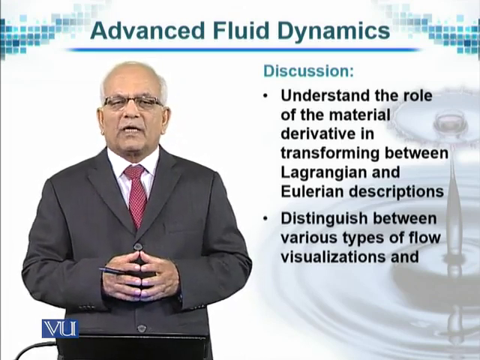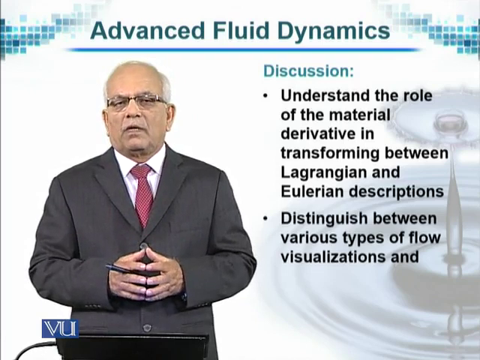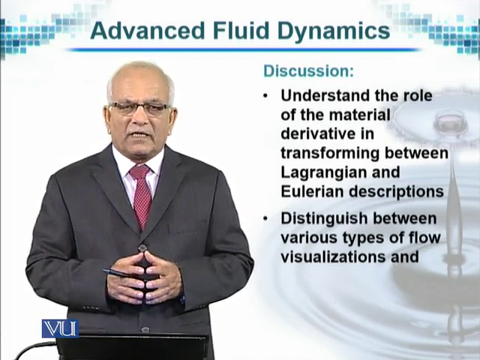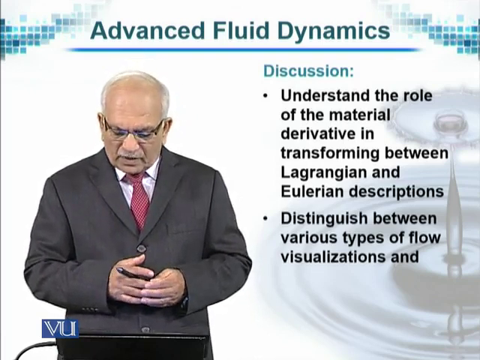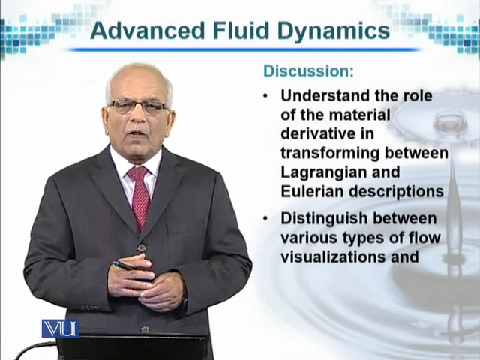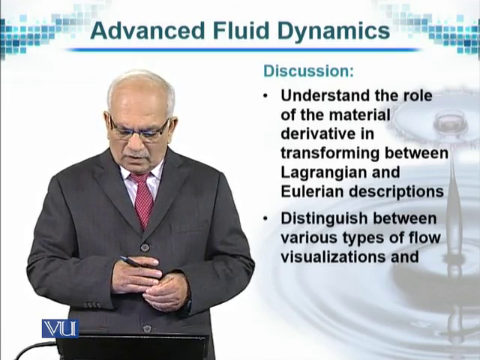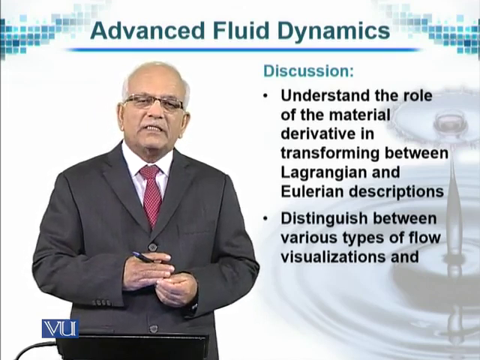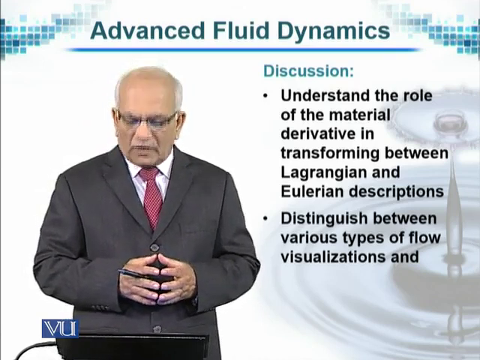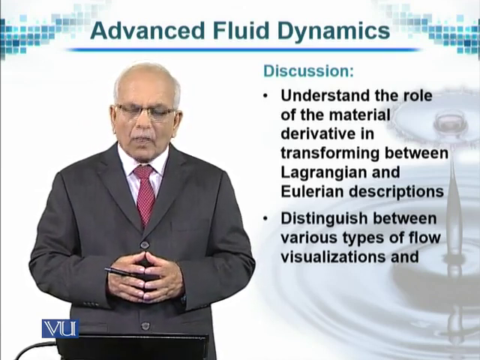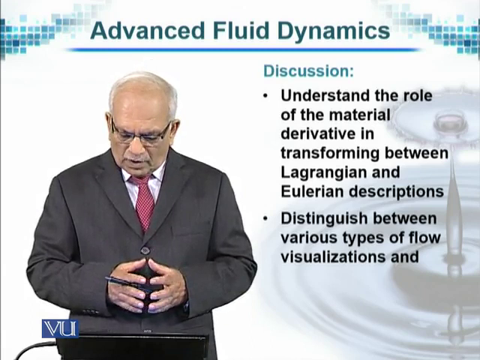So there are two broad methods that exist in the mathematical treatment of the subject. One is known as Lagrangian and the other is Eulerian, both after the names of these famous mathematicians Lagrange and Euler.